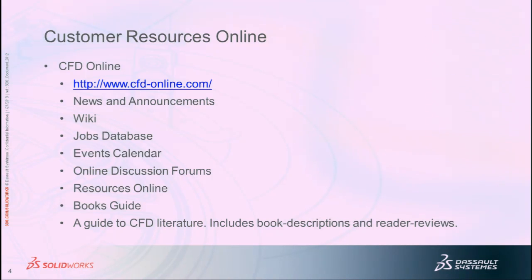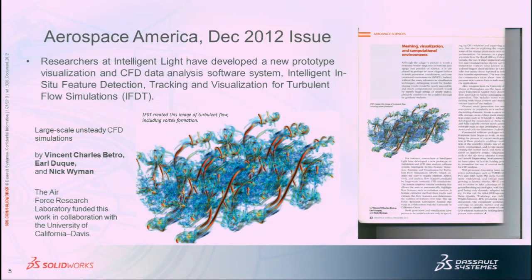They've got a nice jobs database and events calendars. They also have online discussions and resources. They have book guides on there, with recommended books for CFD if you want to get deeper into that area.